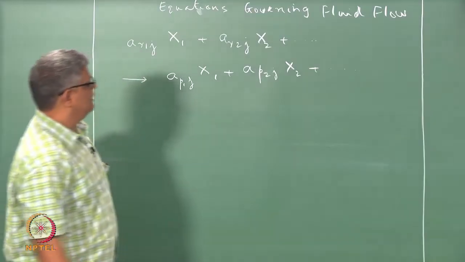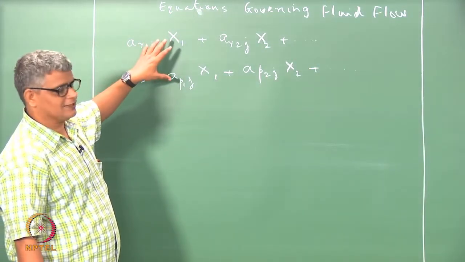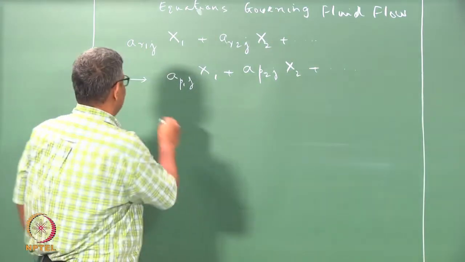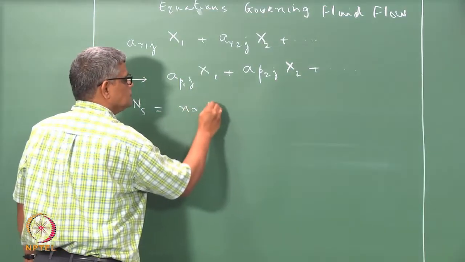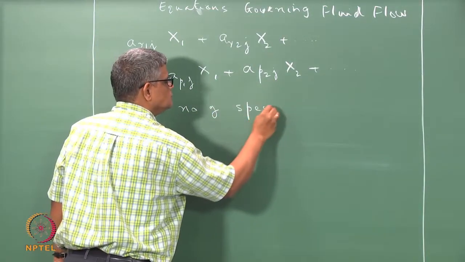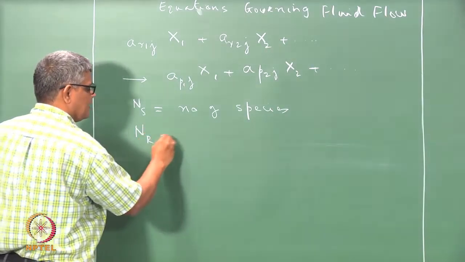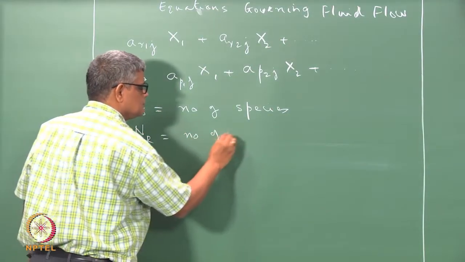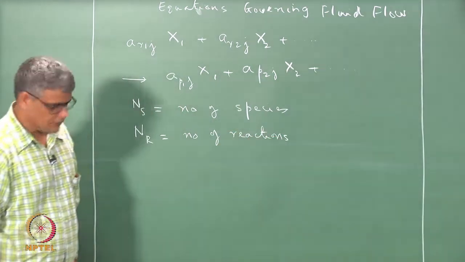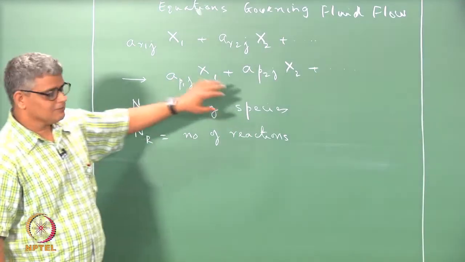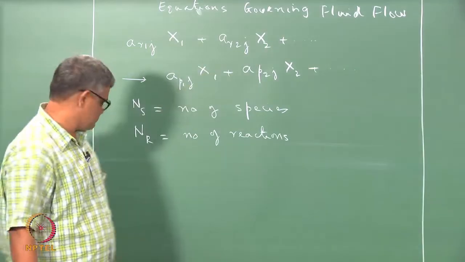So in a given system of chemical reactions having ns number of species participating in nr number of reactions, sometimes some of the species may appear as reactants and sometimes they may appear as products.